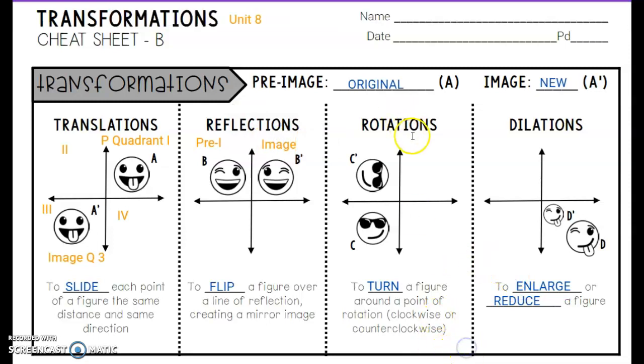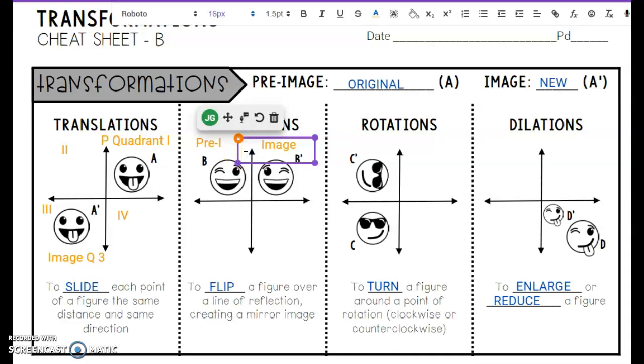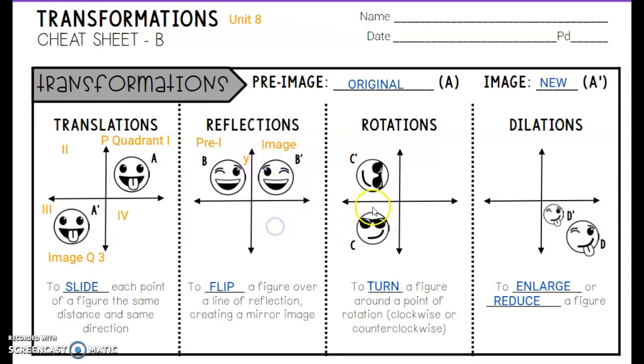Okay. On to rotation. Oh, and reflections is when you are reflecting, which is a mirror image. You're flipping, and in this case, we reflected over the y-axis. Okay, and which you can also reflect over the x-axis. Rotations is when you are turning the object.